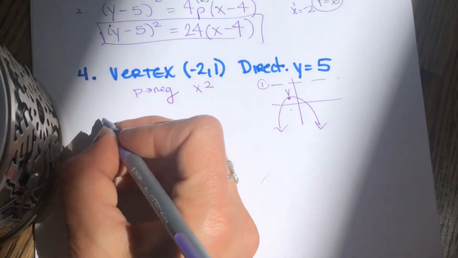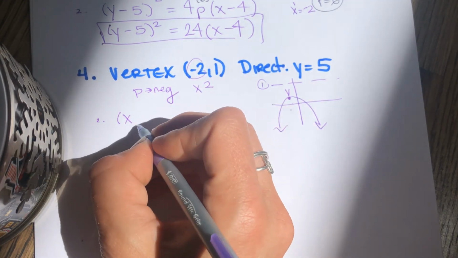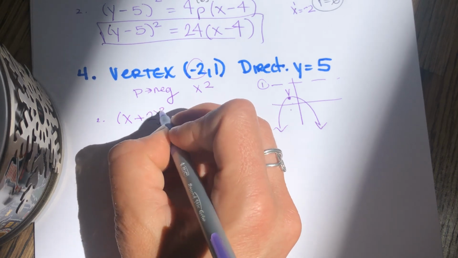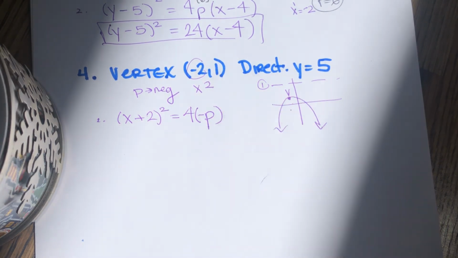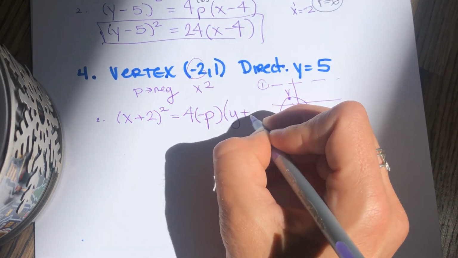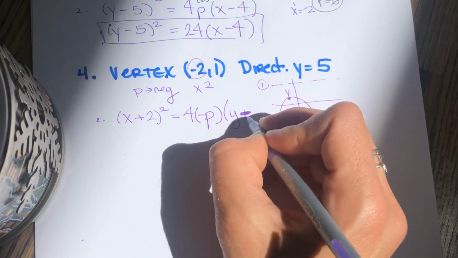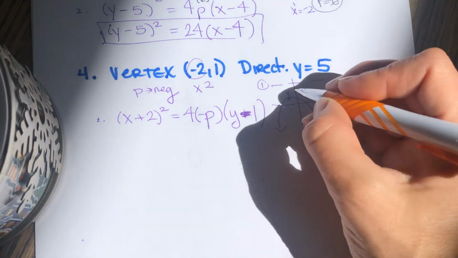So let's start writing. Step 2, take the x value: (x plus 2) squared equals 4, we got a negative p, and then we have (y minus 1).